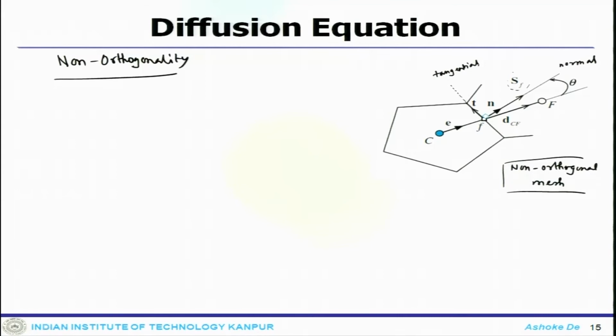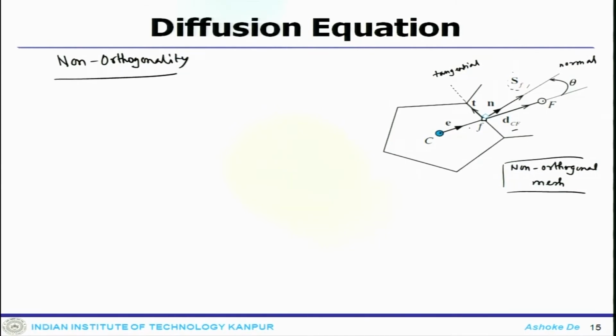So, at the face we got two different directions. The connecting points between these two cell centers are connected through a line, that is the distance between these two cells, dCF.